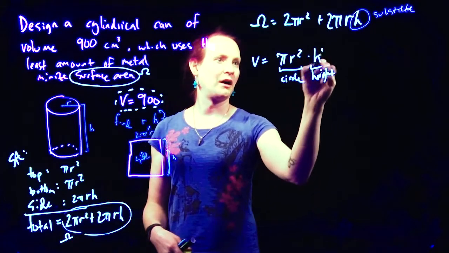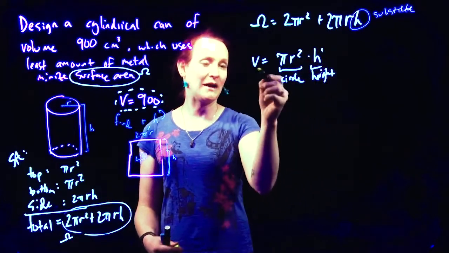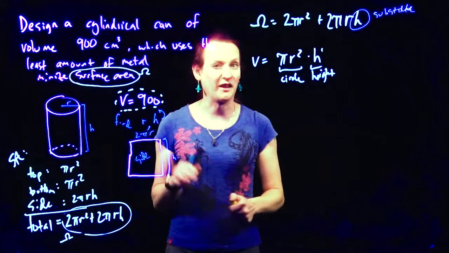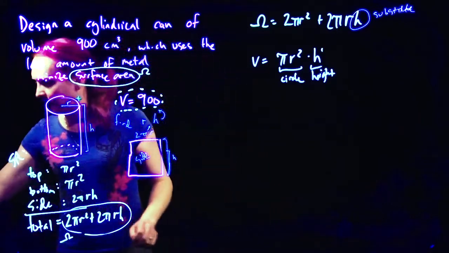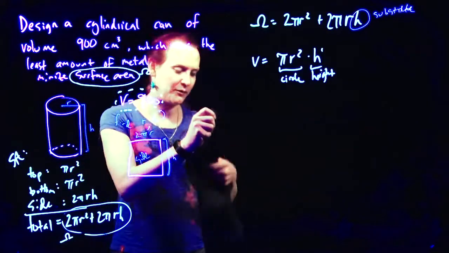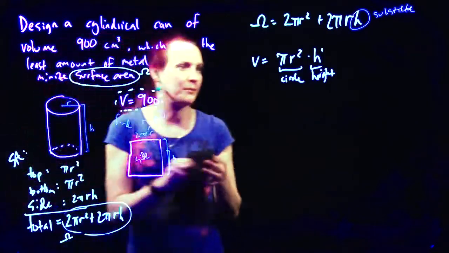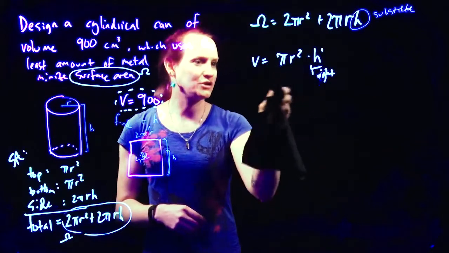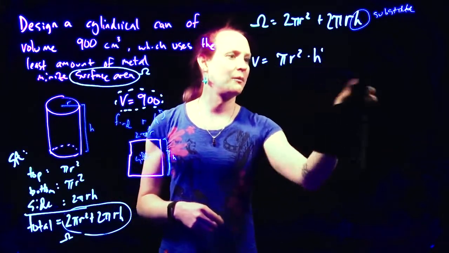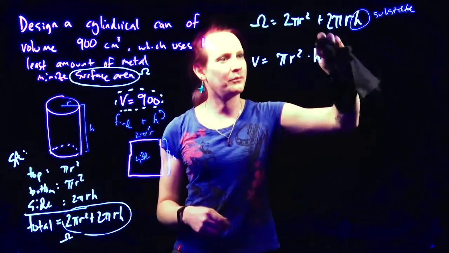The sum of this 2 and this 1 right here is 3, and volume is a three-dimensional measure, so dimensionally speaking, that seems to add up. Let me erase a little bit of the annotation that is not going to be particularly helpful. So pi r squared h is a useful thing to remember in terms of volume.